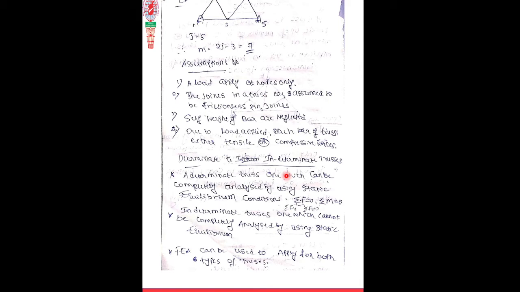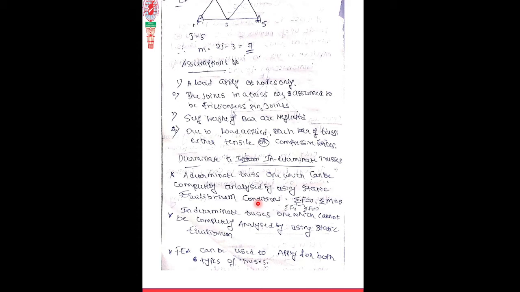Okay, so this is also a very important technical term and technical questions will be there. What do determinate and indeterminate structures mean? Determinate, with respect to trusses, means a determinate truss is one which can be completely analyzed by using static equilibrium conditions. It may be a truss or any type of structural problem, the unknowns are usually calculated using equilibrium conditions.